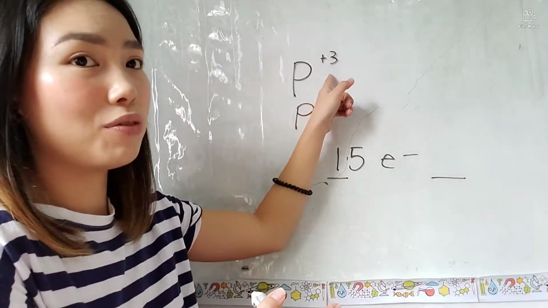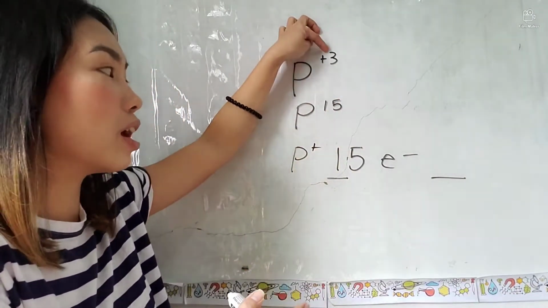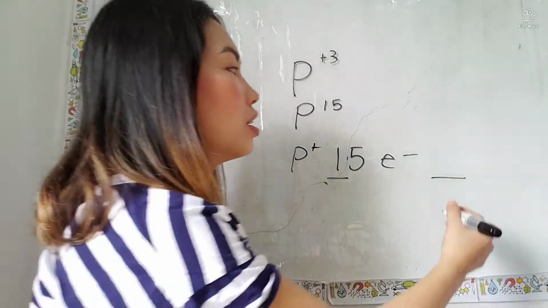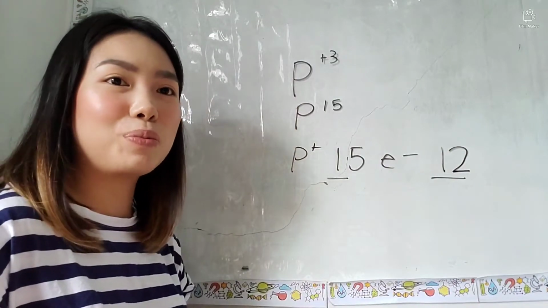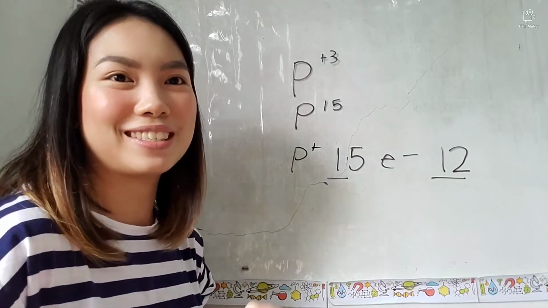Since it's a positive ion or it is a cation, then subtract 3 from the number 15. So 15 minus 3 is 12. And that would be the number of electron for the phosphorus. Ngayon, alam na natin kung paano malaman ang number of proton and number of electron.